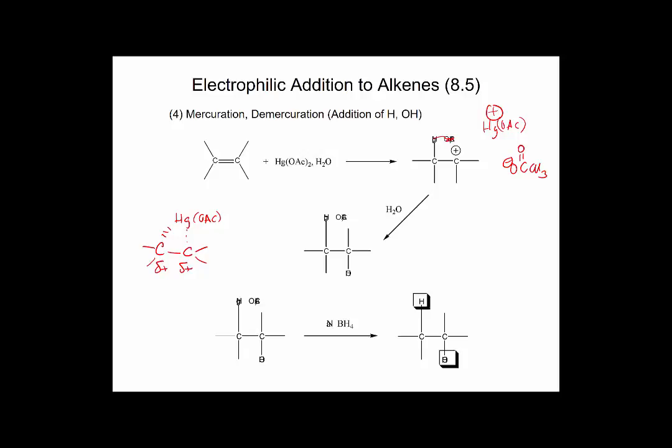Neither one of them has to take on the full burden of the +1 charge because the mercury is sitting over the top. So we have another triangular intermediate, like the bromonium ion. With the mercury sitting over the top, it forces stereoselectivity, or it can force stereoselectivity.